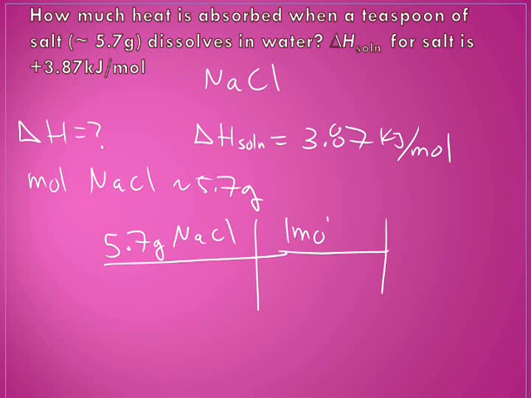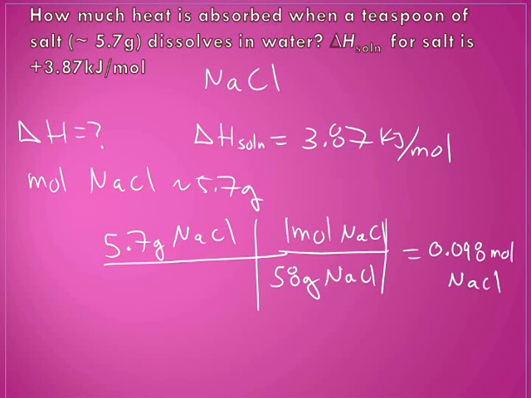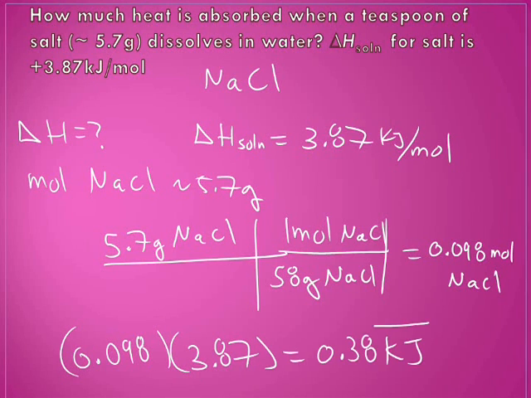Using the molar mass, we get 0.098 moles of sodium chloride. Let's just plug this in. 0.098 times 3.87 equals 0.38 kilojoules. That really is very little. So when you're dissolving just a teaspoon of salt in water, you're really not getting much heat release. It's some, but it is interesting.